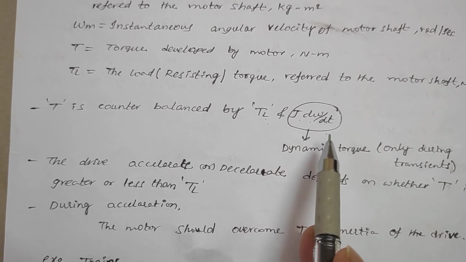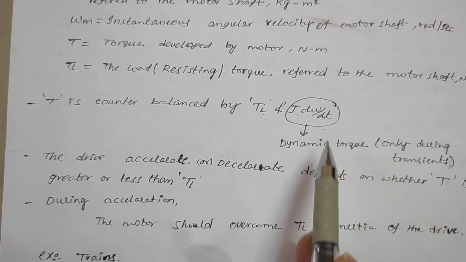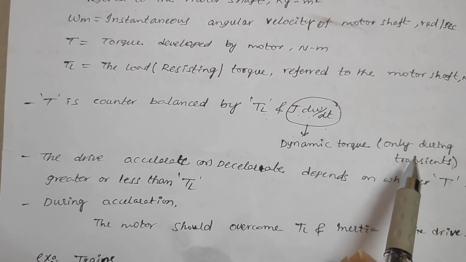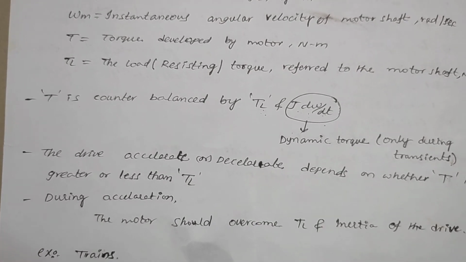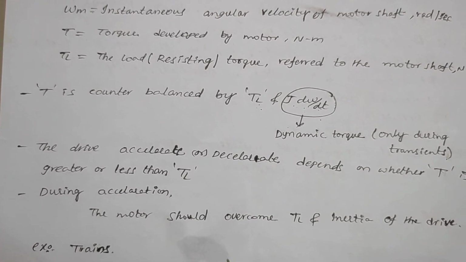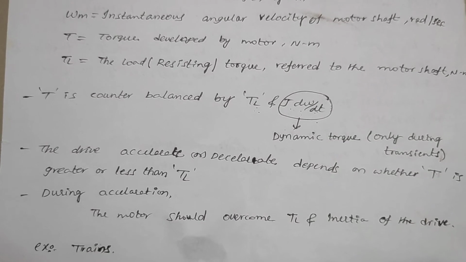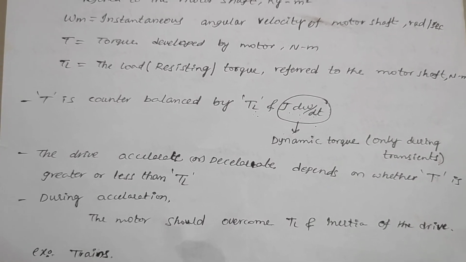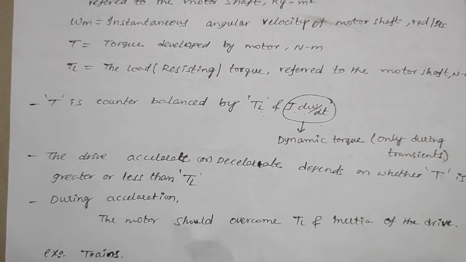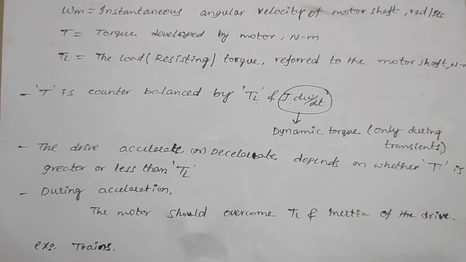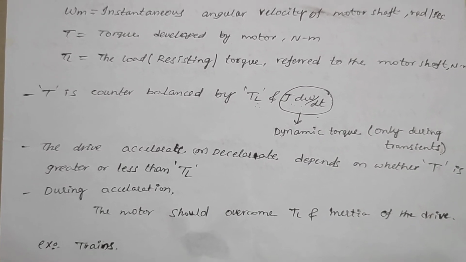Likewise, speed reversal, from one speed to another speed, all these are called the transient operations of the drive system. So the drive accelerates or decelerates depending on T and TL; that is, the motor torque and load torque will decide the acceleration or deceleration of the drive.